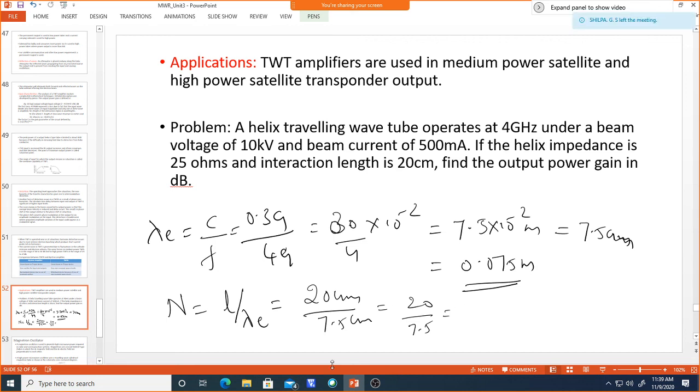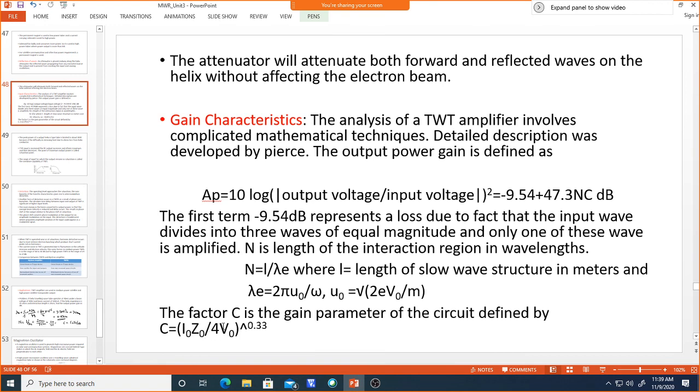You can calculate N, and you can calculate C. C is equal to the cube root of I naught Z naught by 4 V naught. That is the equation.